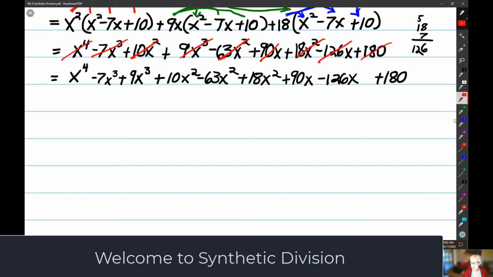Now all we have to do is combine like terms. x to the fourth. Now, minus 7x to the third plus 9x to the third is going to be plus 2x to the third. And now we've got 10 minus 63 is minus 53. Plus 18.